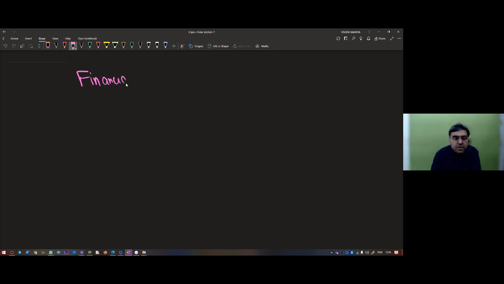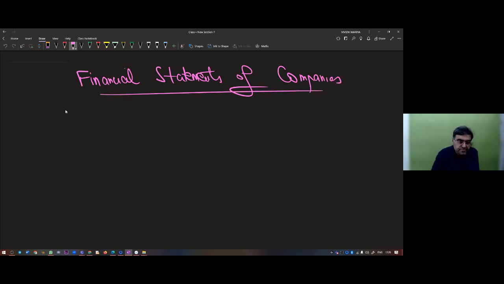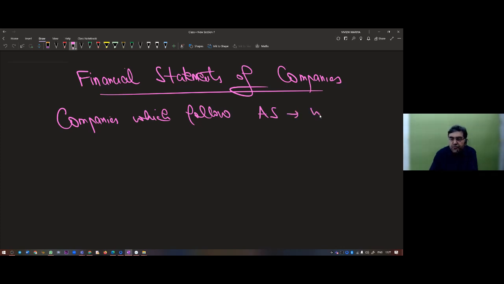Financial statements of companies. Companies which follow AS, okay, will need to adopt Division 1.